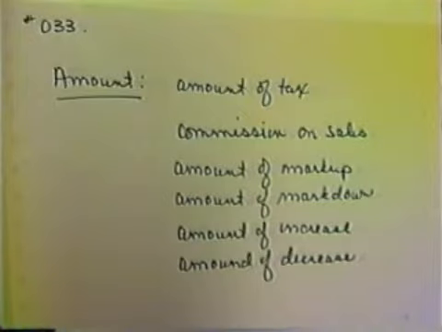It could be any kind of tax, but it's the amount of the tax that's going to be the amount, not the base. The dollar amount of tax is going to be the amount. Commission on sales is also the amount. The sales are your base. The commission is going to be your amount.